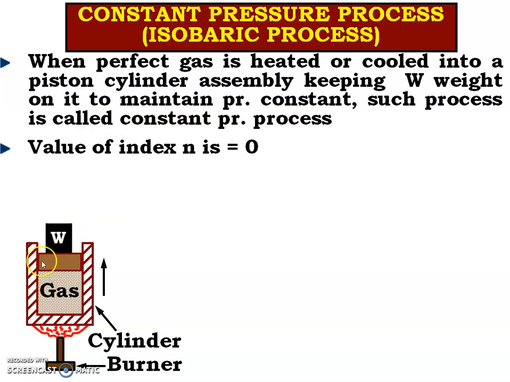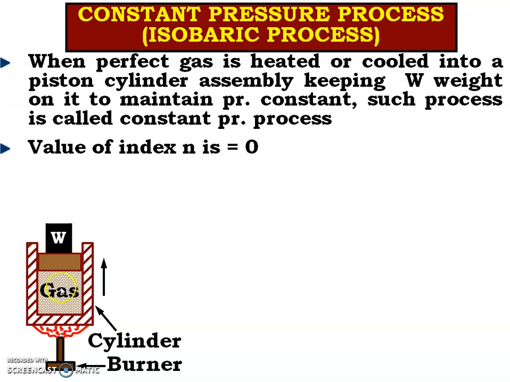Let us understand it. This is a cylinder and the cylinder is filled up with the gas. On the gas, piston is there, and on the piston, weight W is placed. Now due to the weight on the piston, pressure on the gas is fixed, and pressure is equals to weight divided by area.